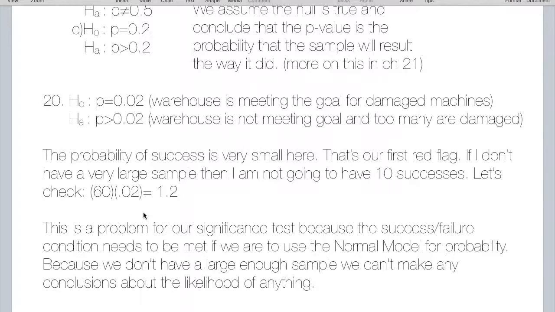So anything we were to say, there's no foundation, no validity to what we think. So check your assumptions and your conditions. Note why we check successes and failures: it's because we want to be able to use a normal distribution to talk about probability, because that's what most of our probabilities are going to be based on, at least for now.